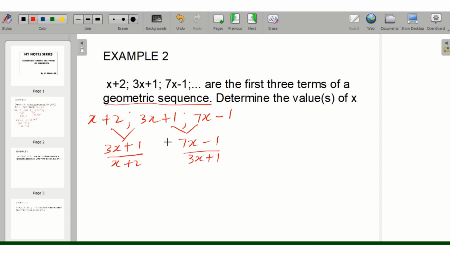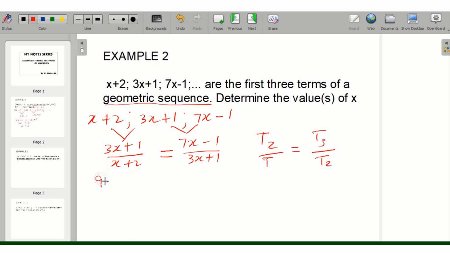Now, according to the definition of a geometric sequence, this means that these two ratios are the same, because term 2 over term 1 equals term 3 over term 2. So what we will do is we will cross multiply here. So we have 3x plus 1 multiplied by 3x plus 1.